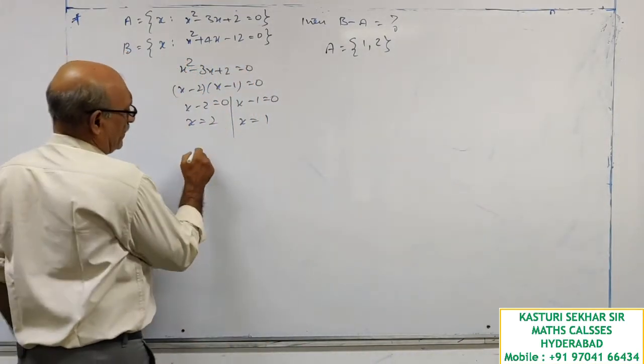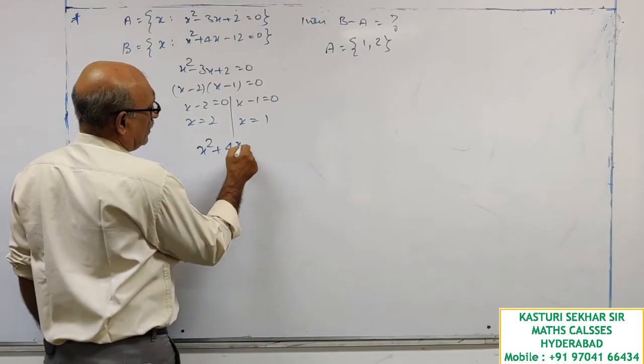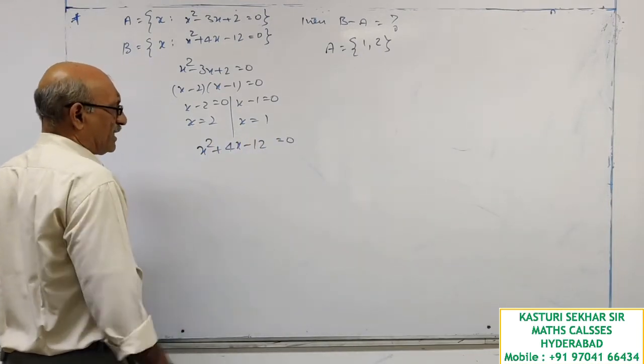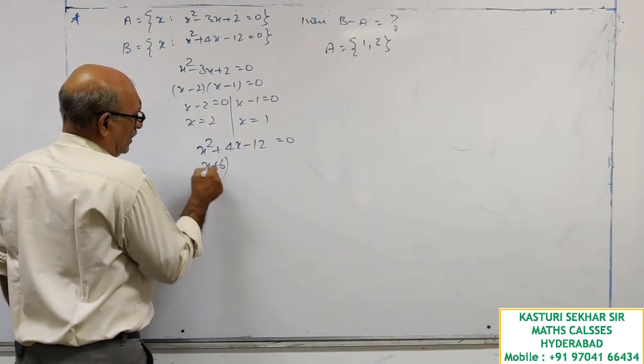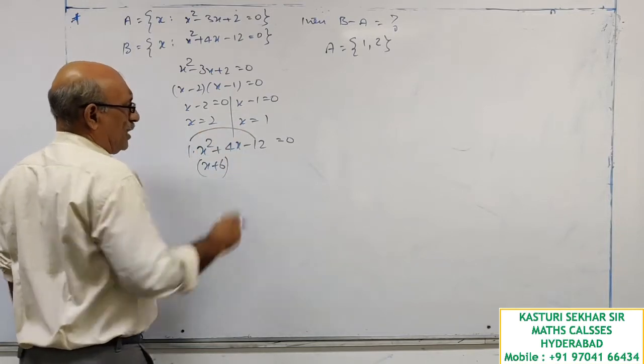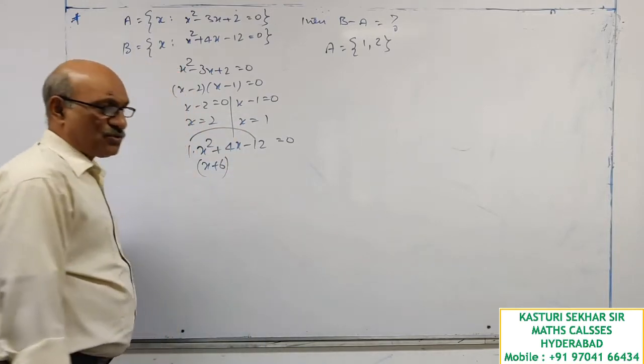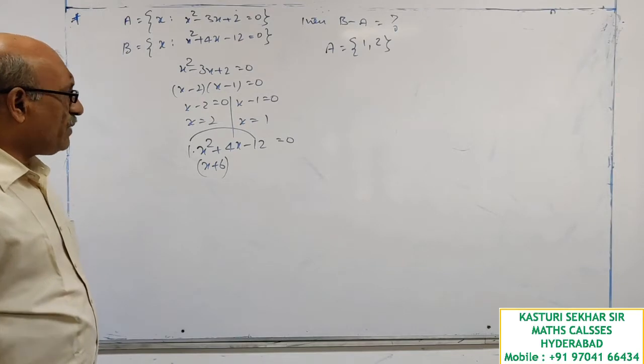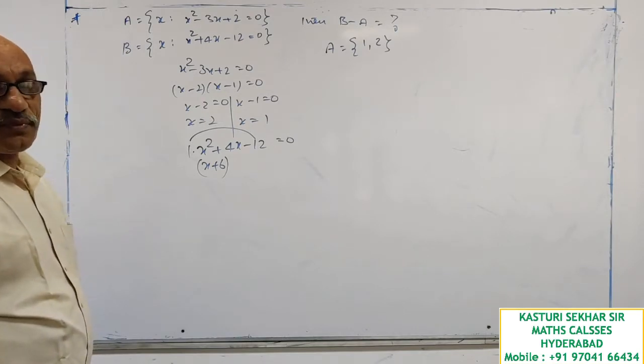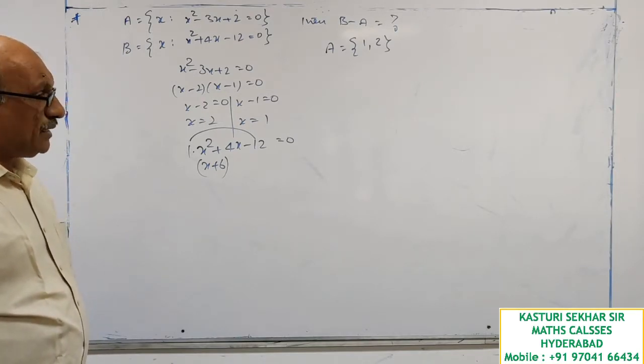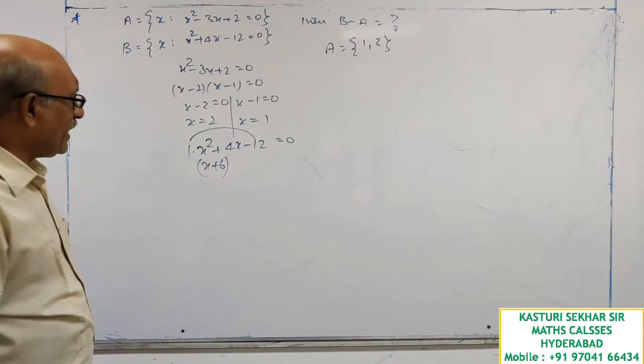Let us take the second one. Factors for this: 1 into minus 12 is minus 12. For these factors, 6 into 2 is 12, and the difference 6 minus 2 gives the middle term.